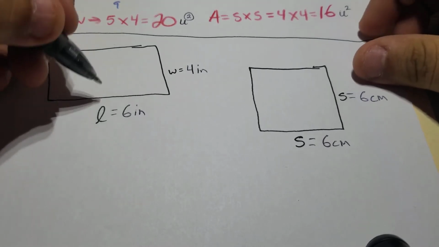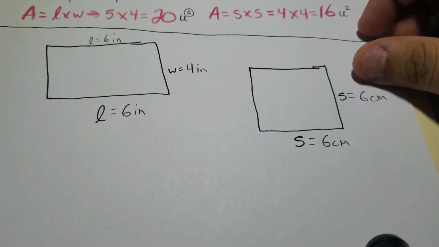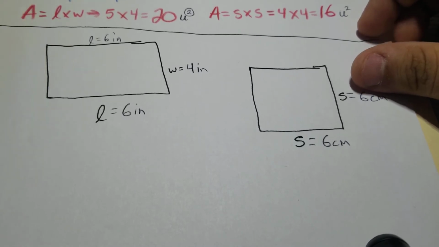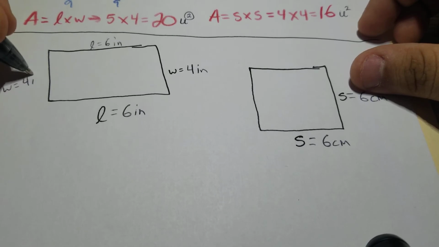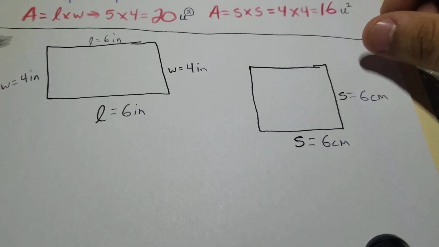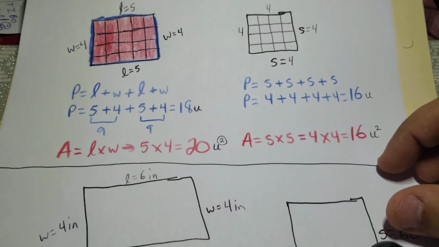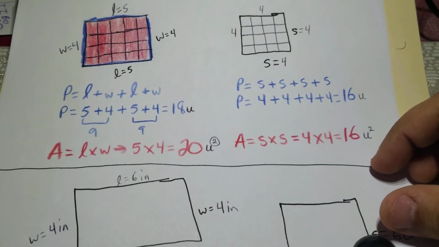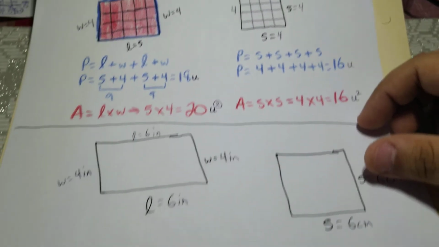So, if this is 6 inches, it's safe to say that this side is also 6 inches, because rectangles have congruent opposite sides. If this side has a width of 4 inches, then this side also has to have a length of 4 inches. So if we refer back to our perimeter notes, we have length plus width plus length plus width.